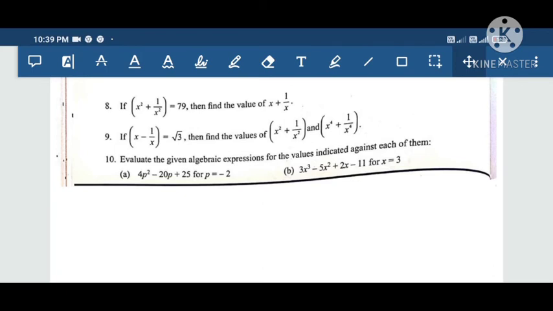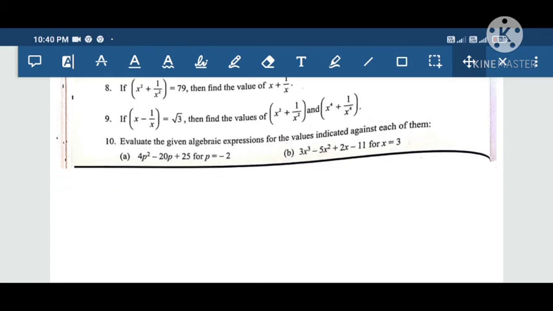The value of x minus 1 by x is given, so we take the formula x minus y the whole square. If you square the negative y, you get positive only. Here x is equal to x and y is equal to 1 by x.